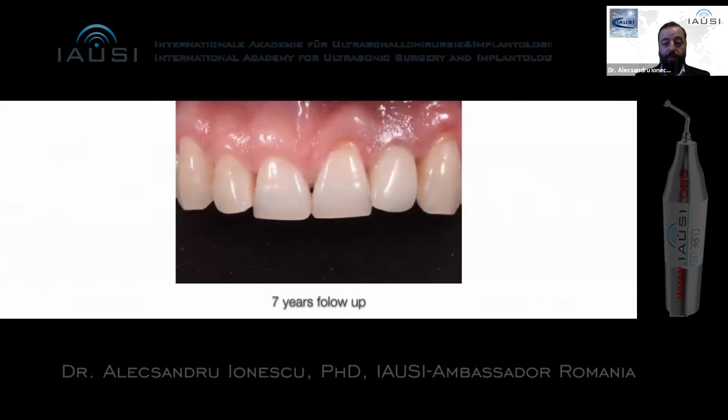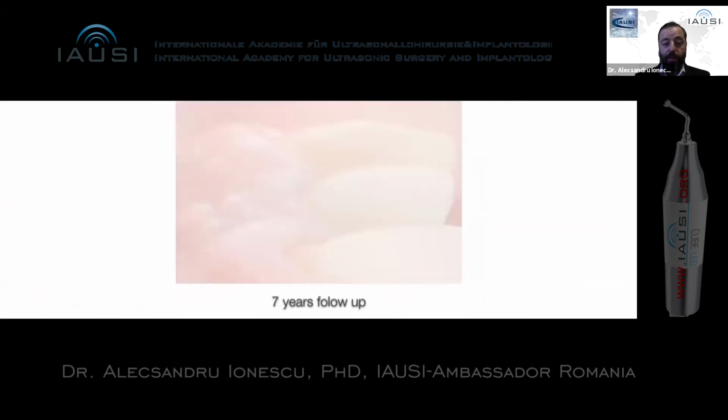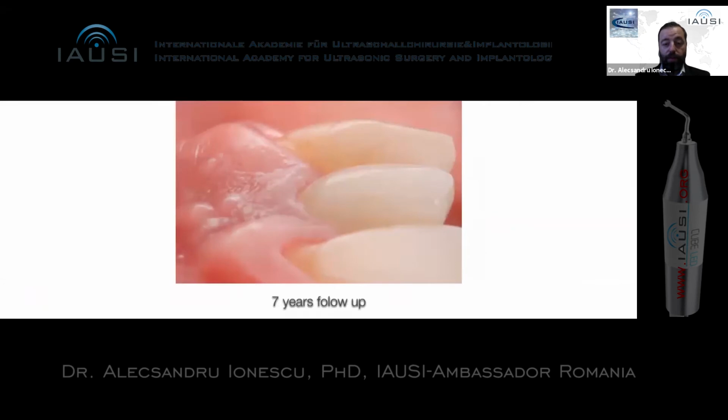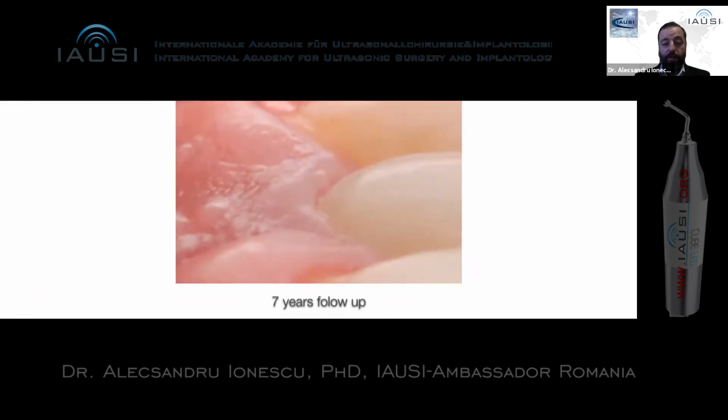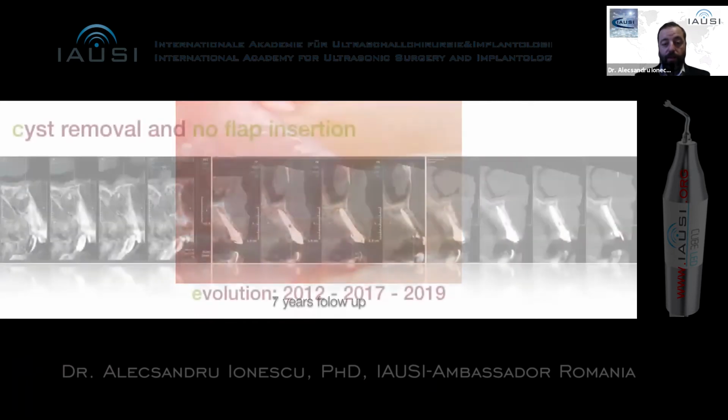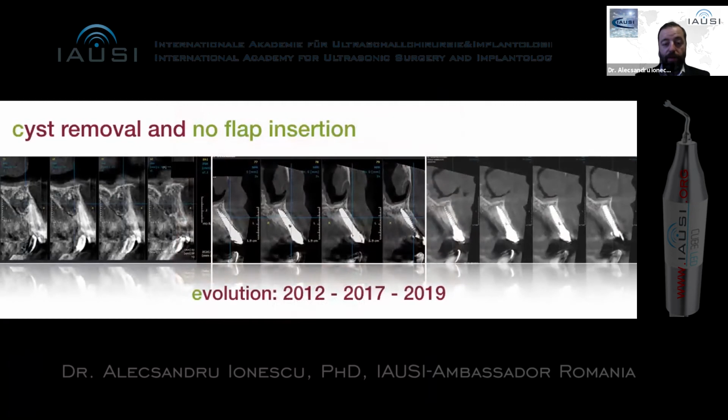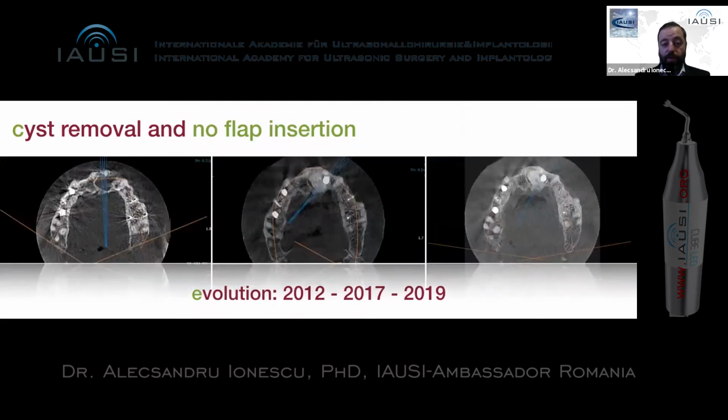And after 7 years, here is a close-up, where you can see that the fixed gingiva that we did not touch, did not cut, remained very stable. Here is the CBCT before surgery, then after 5 years with the crown cemented, and again 2 more years.